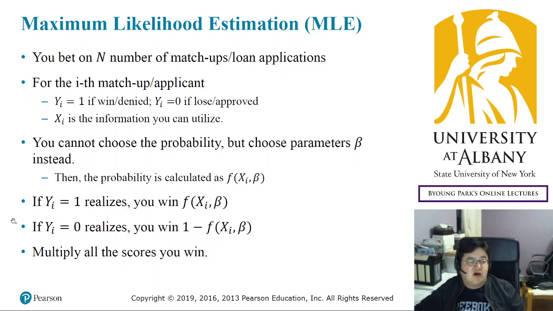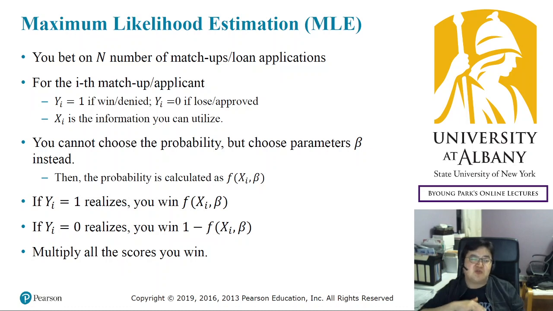And then if one realizes, then you win this much probability. This is the correct probability. And if you fail to predict the realization, then you win 1 minus the other probability. And finally, multiply all the probabilities you win. Then multiply them, and that is your final score, final grade.